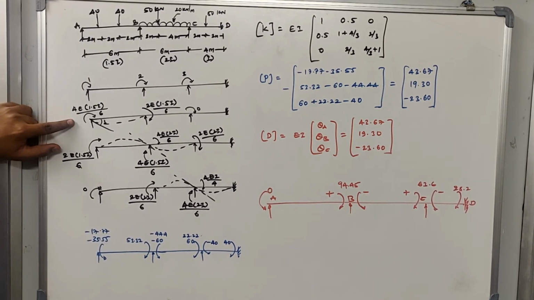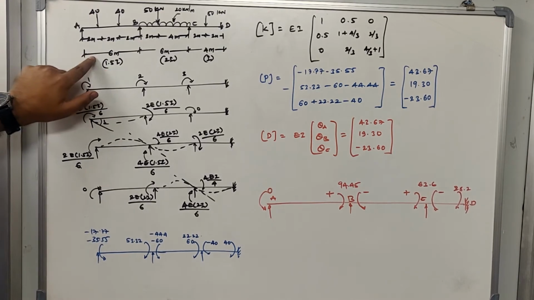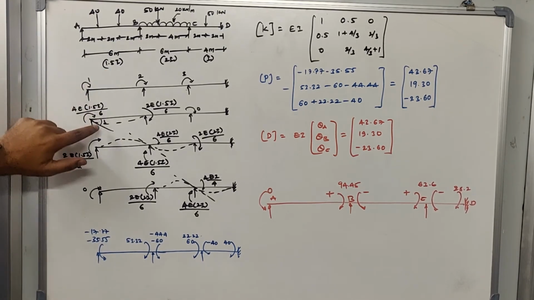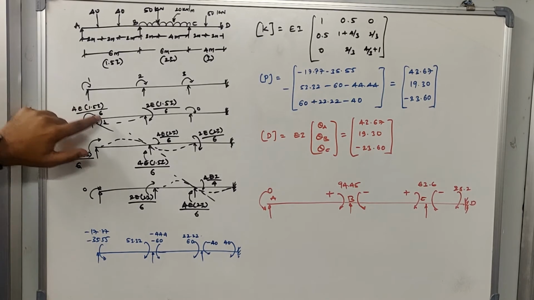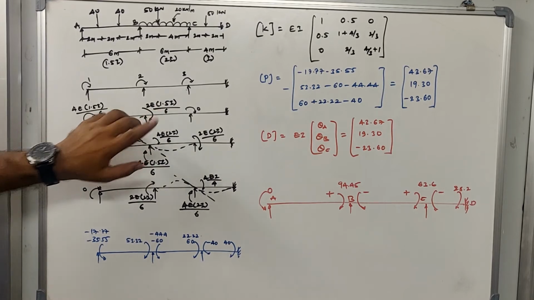After applying the unit rotation at the first coordinate, the moment created at the near end is 4E into 1.5I divided by 6, as the I value is 1.5 times I and the length is 6 meter. Similarly, at the far end it will be 2E into 1.5I divided by 6.